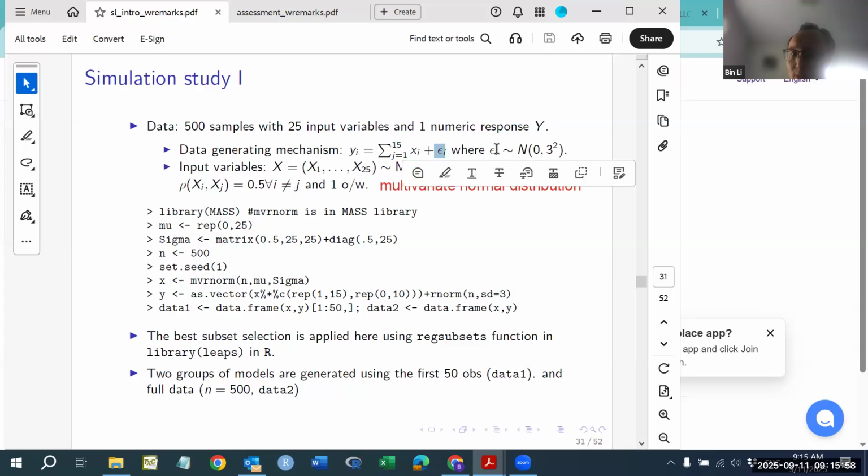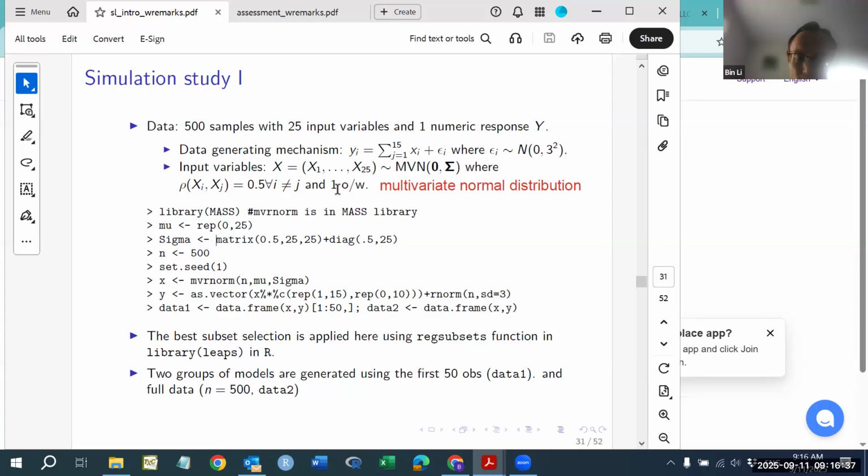This additive noise follows a normal distribution with mean 0 and variance 9. So we know the truth. The 25 x variables follow an MVN, a multivariate normal distribution, with mean 0, meaning all the x have mean equal to 0, and the covariance matrix follows this. Anyway, this is the design of the simulation. So we know the truth.